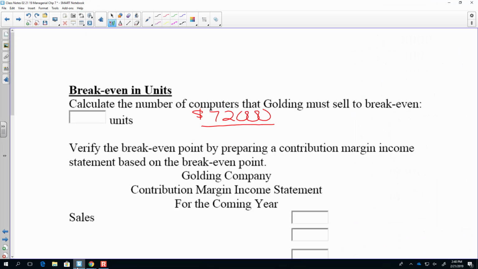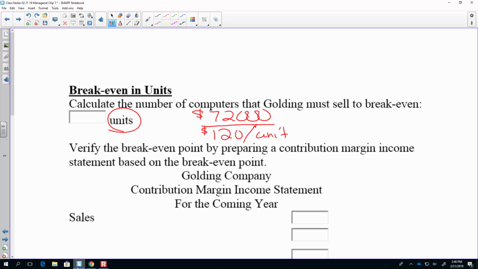Very good, excellent. So units, we want to use the income. I always say if I want units, I gotta divide by something per unit, right? In this case, it's the 120. So, everybody comfortable with how I got the 120?